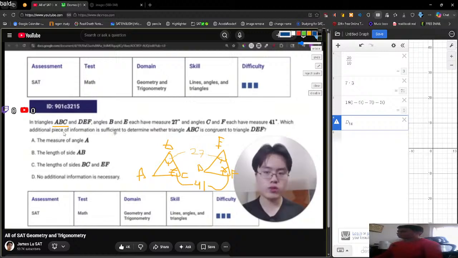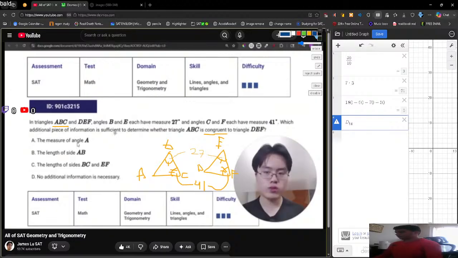Which additional piece of information is significant to determine whether triangle ABC is congruent to triangle DEF?